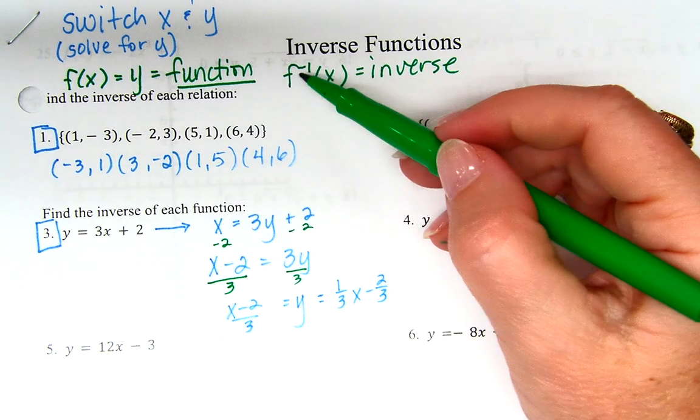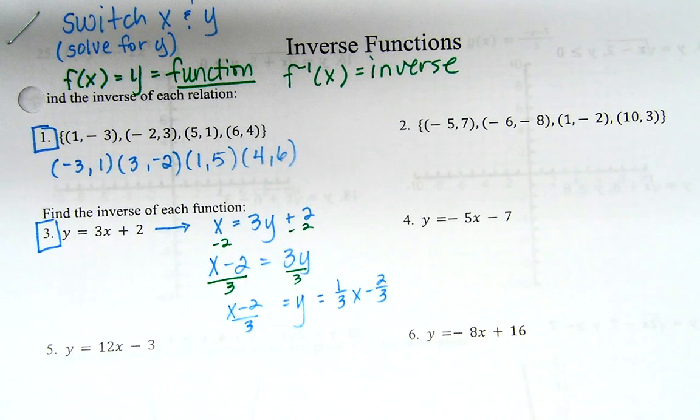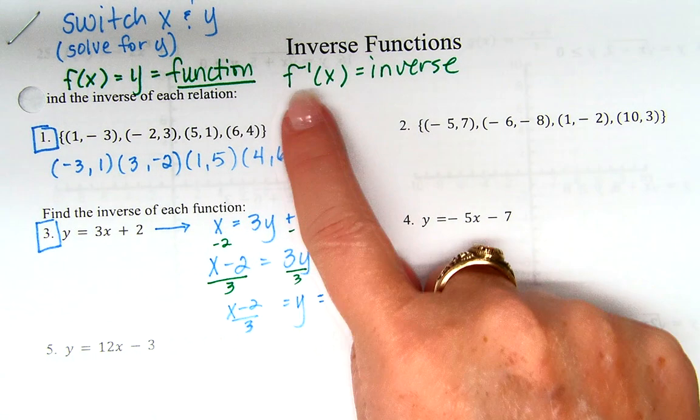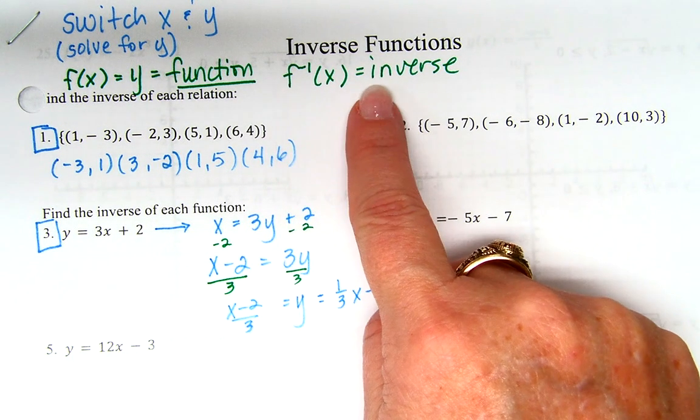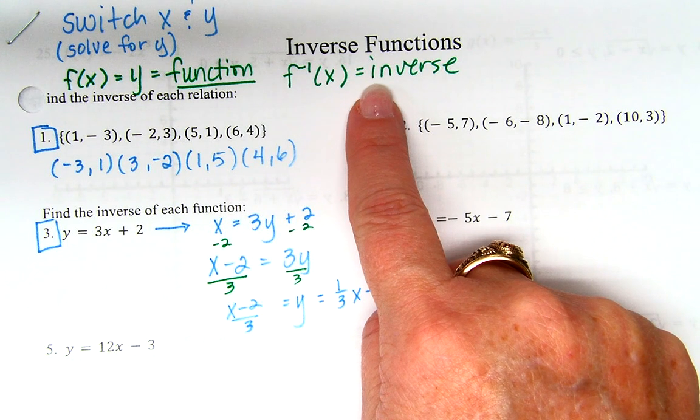Now, does this -1 look like an exponent? Yes, it does, right? It absolutely looks like an exponent. Is it? No.